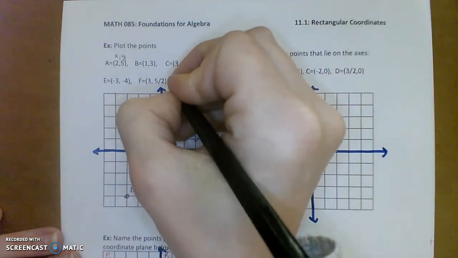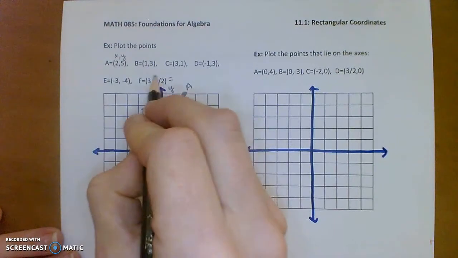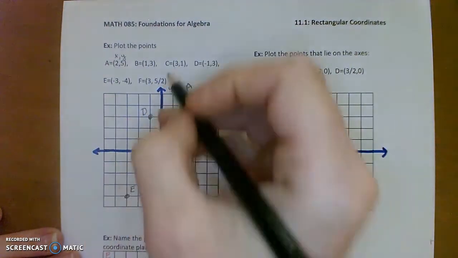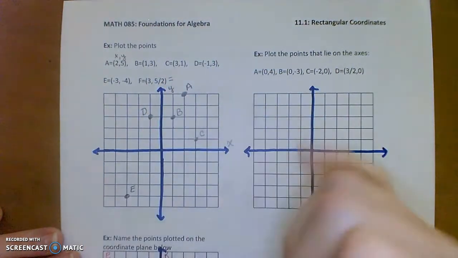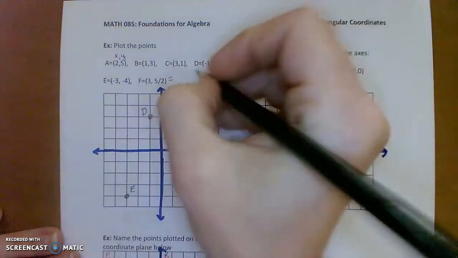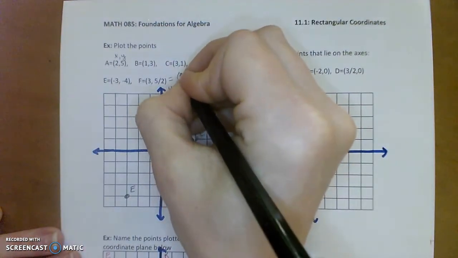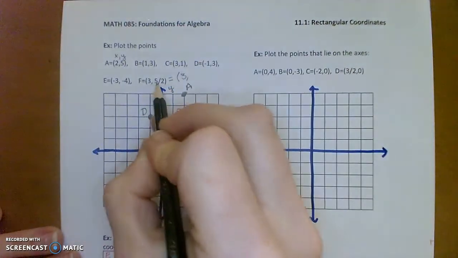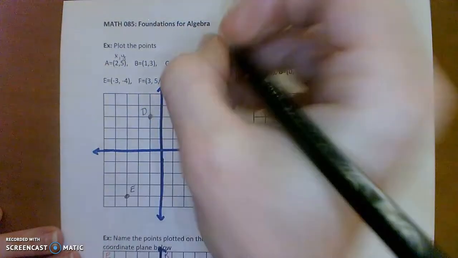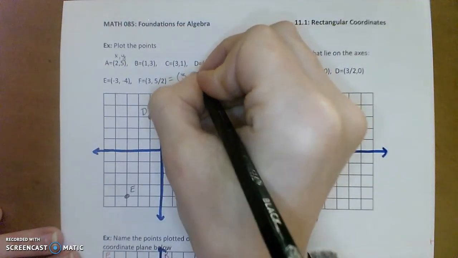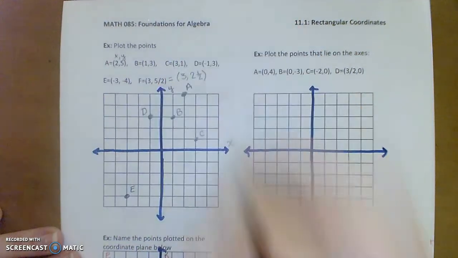So let's just think about that for a moment. This is not an integer, so the y-coordinate will not be on one of these grid points. Remember 5 halves, that's 2.5 if you want to write it as a mixed number.